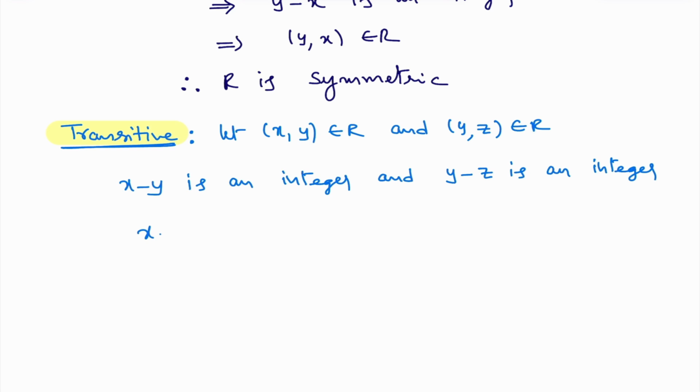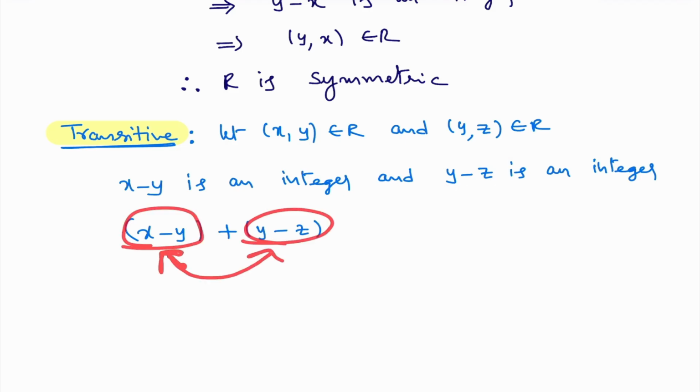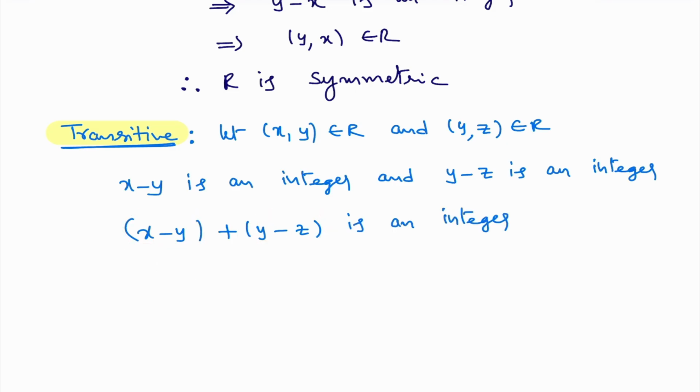Here I know that x minus y is an integer, right? Now I'll add x minus y and y minus z, because y minus z is also an integer. So here you see this minus y plus y will get cancelled. Then what you will get? You will get that x minus z is an integer.